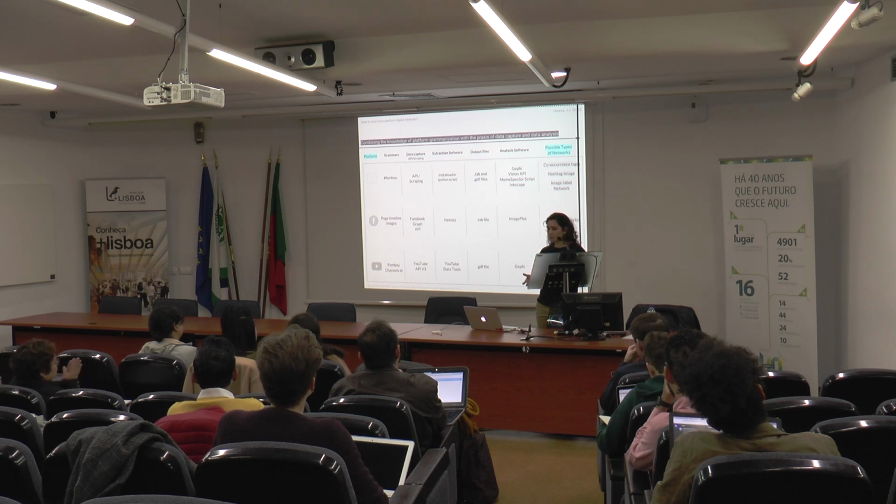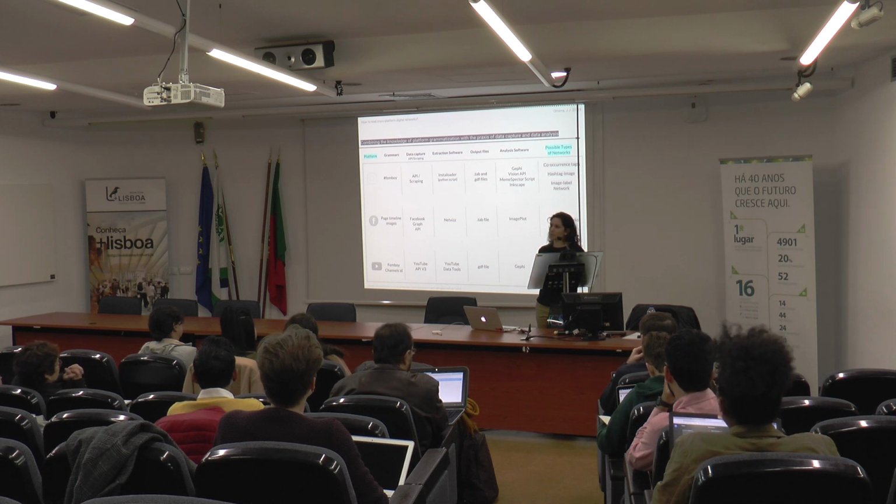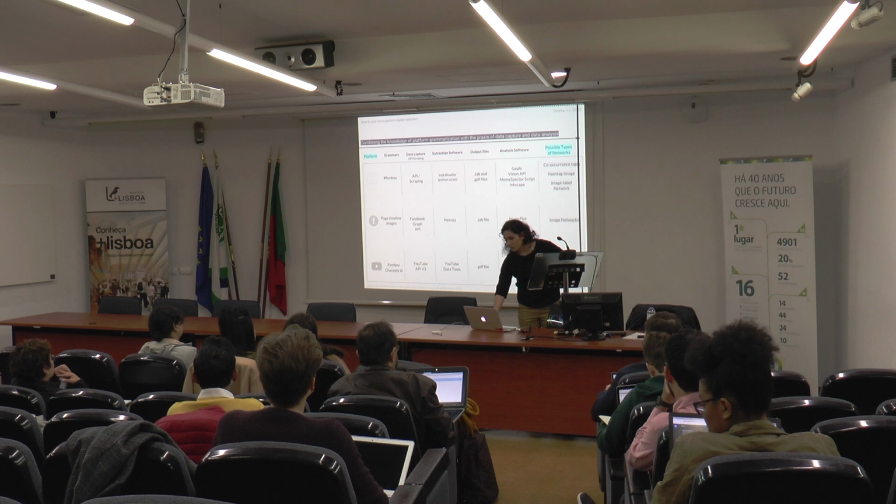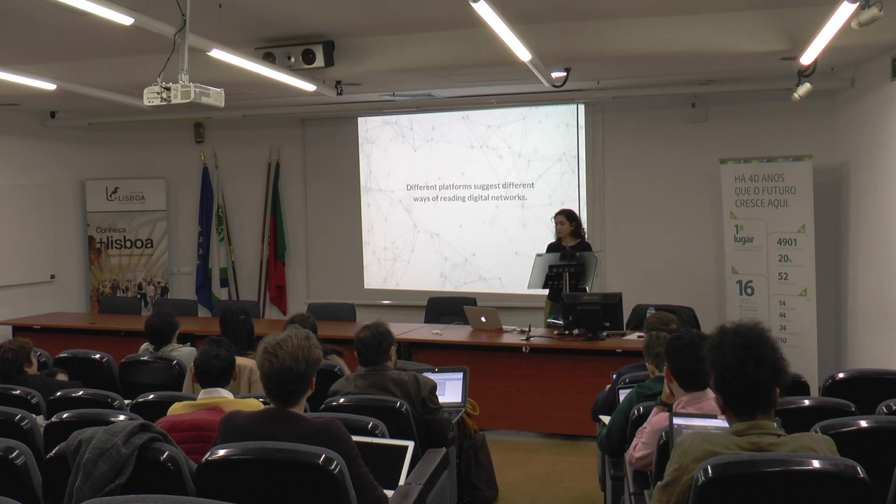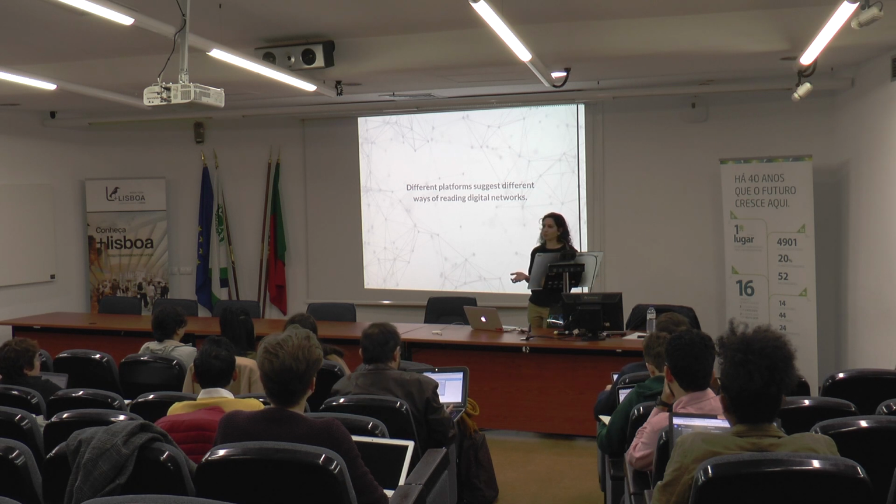How about the extraction software, analysis software? But most importantly, in this process, we should question ourselves: how can my current research benefit from these possible types of network? What can I do with that? So different platforms suggest different ways of reading digital networks. This was the first part.